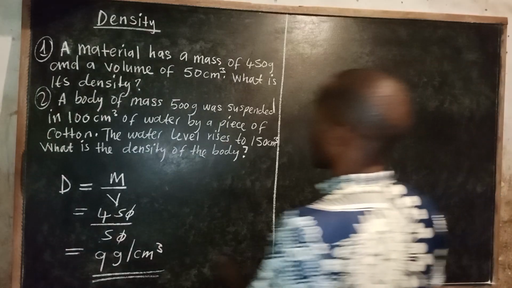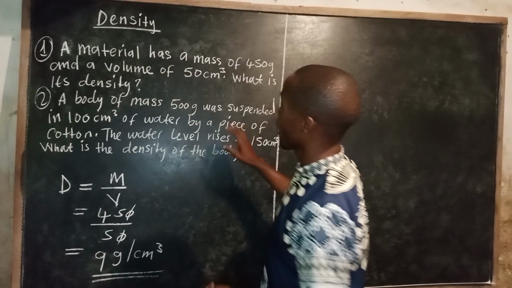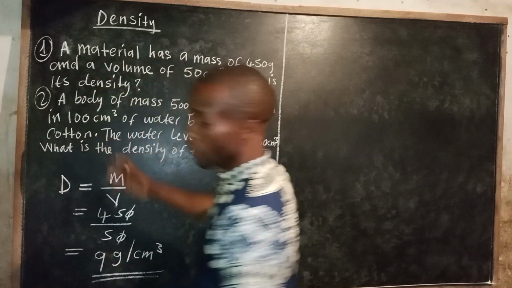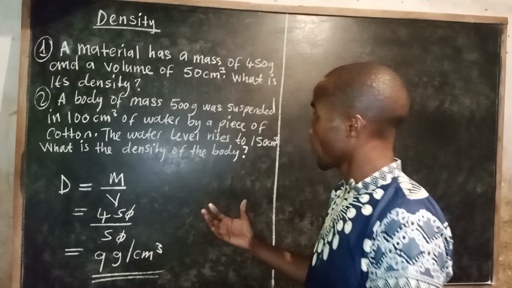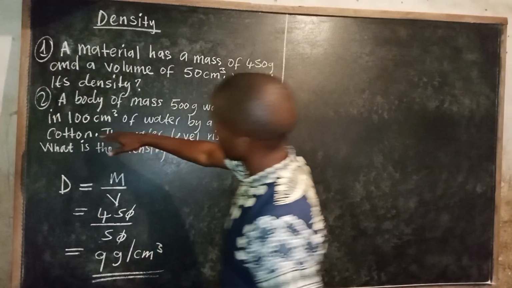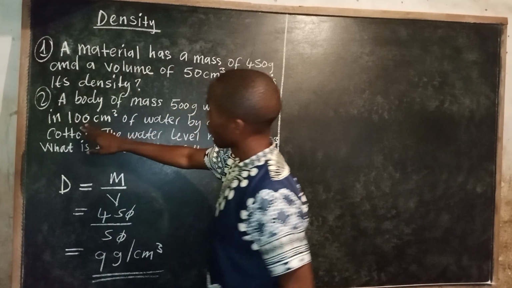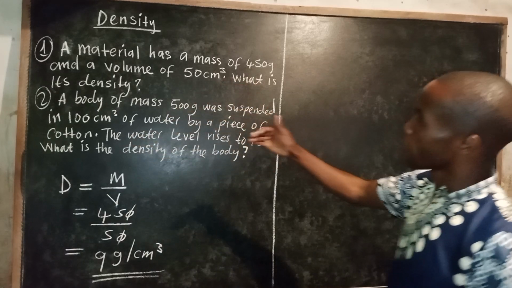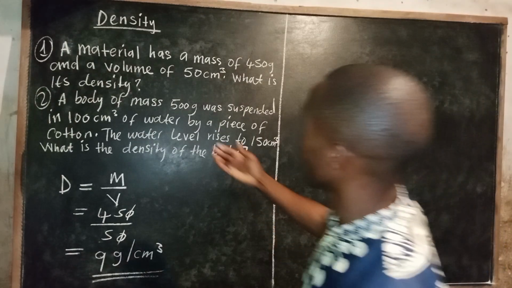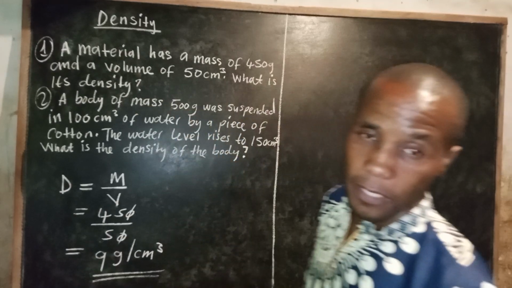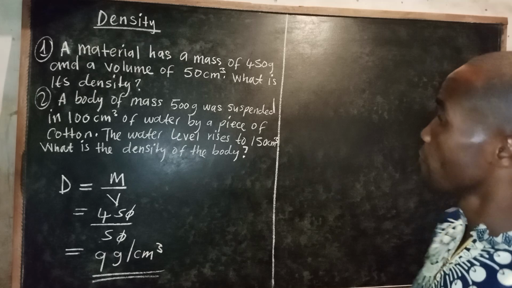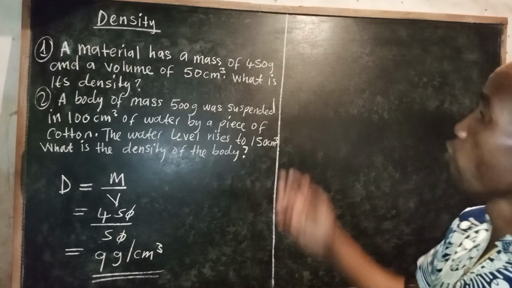So according to the statement that we have here, remember there was this 100. I'm going to assume this was a measuring cylinder, which had the volume of water of 100 centimeters cubed. Now, after getting this body, which had this mass, 500 grams, it was lowered in that same measuring cylinder.